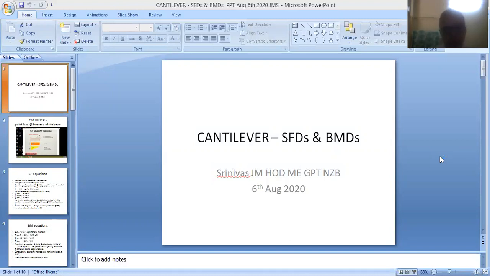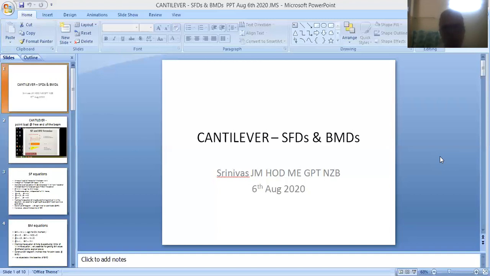Now in this section, we are going to construct shear force and bending moment diagrams for different loads acting on a cantilever.